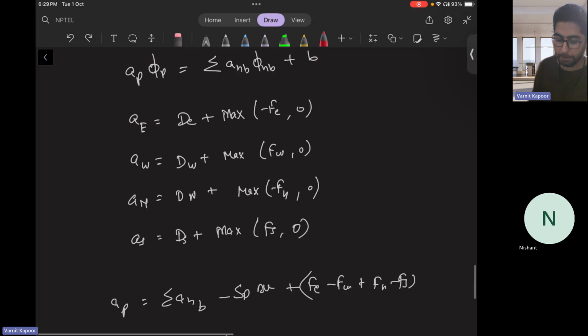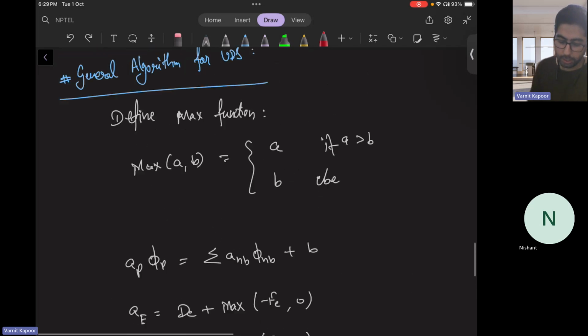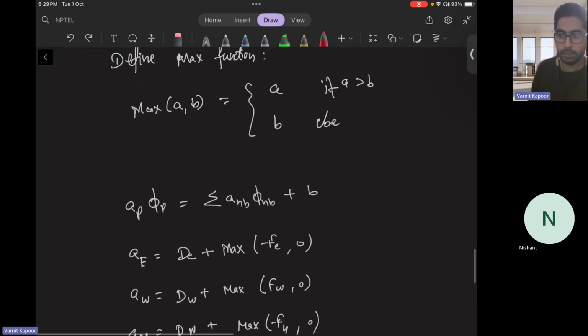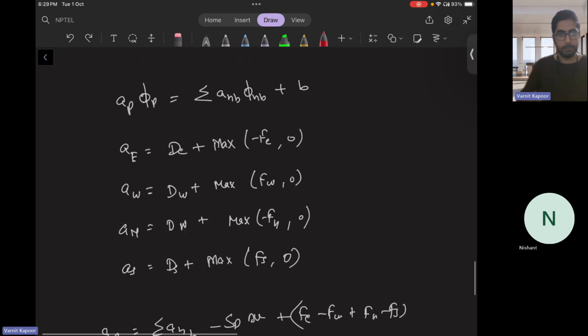So we had made a compact form of a general algorithm for UDS. My question is, what about the coefficients? What is their property? All the coefficients are positive. The diffusion coefficients dE, dW are always positive.